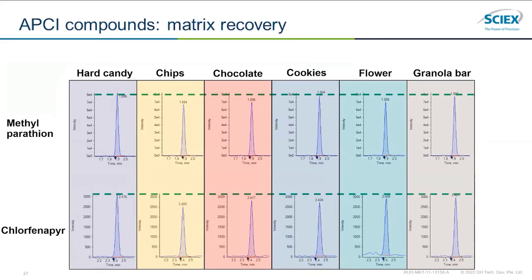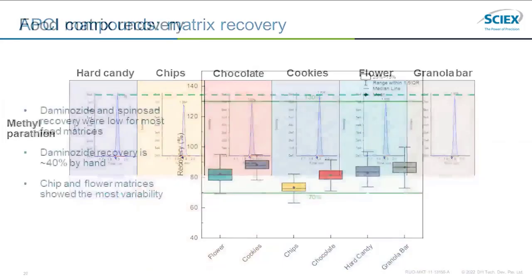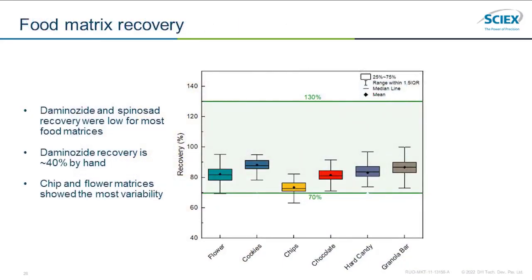If we summarize this data quickly, we can see our recoveries are lower. That makes sense. Chips, interestingly enough, had the most variability along with flour. So there's something there, some sort of reason that we're seeing this lower recovery, a little bit more of the matrix impacts than we were seeing with the other matrices. So kind of an interesting result.